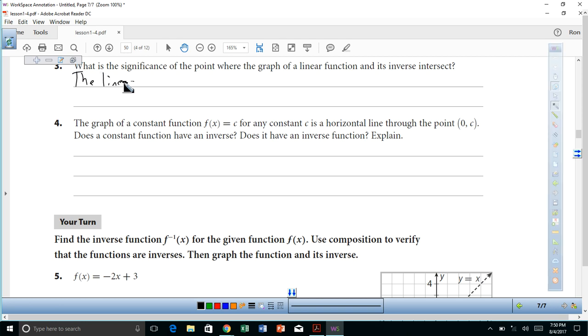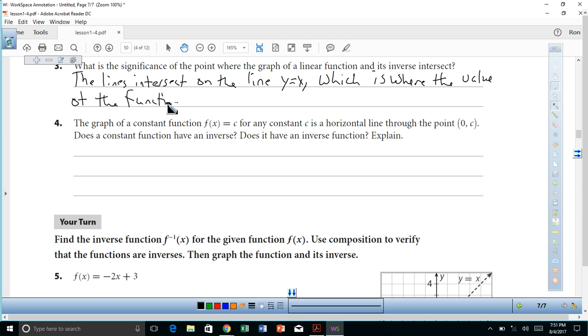The lines intersect on the line y equals x, which is where the value of the function and its inverse are the same.